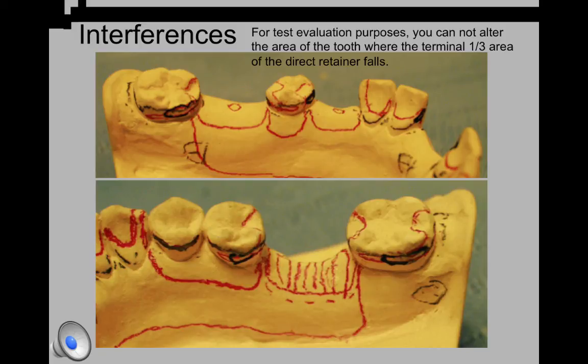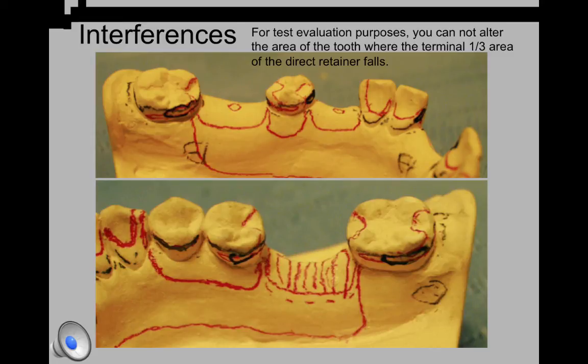On the bottom picture, on tooth number 29, again, the first half to 2/3 of your direct retainer arm has been drawn under your survey line. So you must place a circle, and the top of the circle is right above your survey line, and the bottom of the circle is right below where you've drawn the red line, and that says you have to move that survey line from the upper part of the circle to the bottom line of the circle.